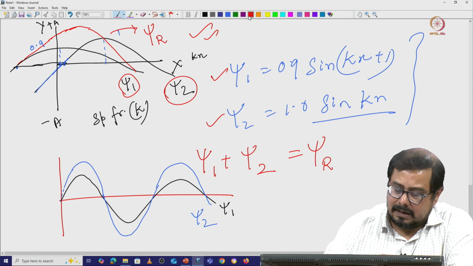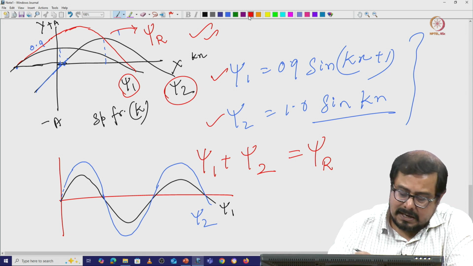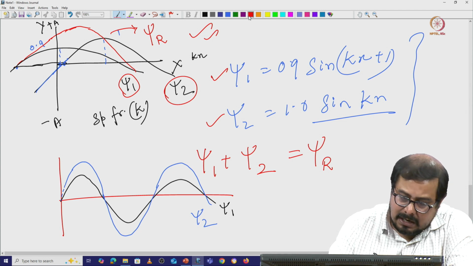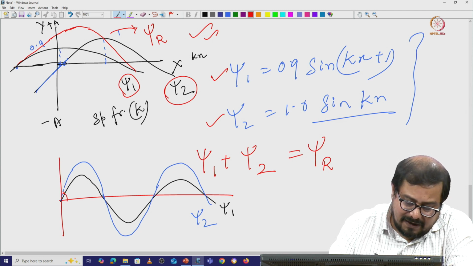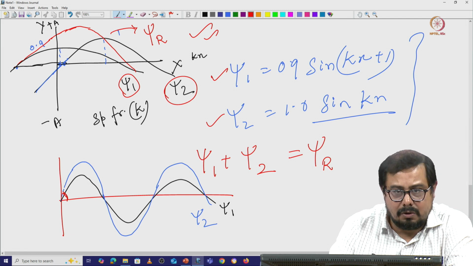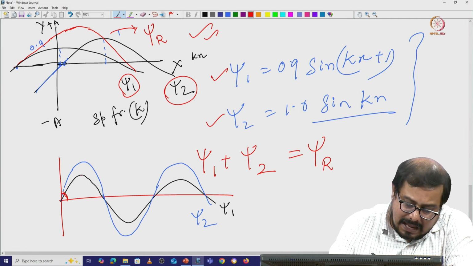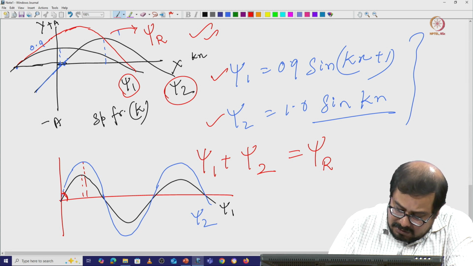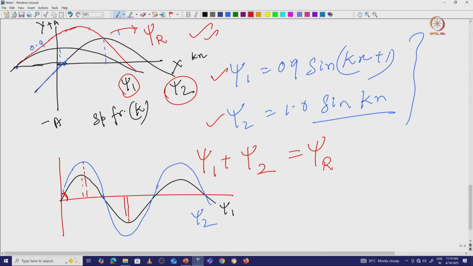When we have these two waves and they merge together, you can see both of them are in the same phase, there is no phase difference, both waves are almost the same, and the only difference is that the amplitude is changing. You can see the amplitude is changing, right.